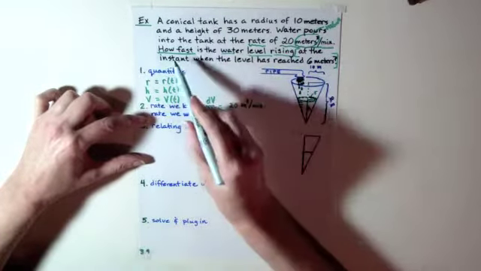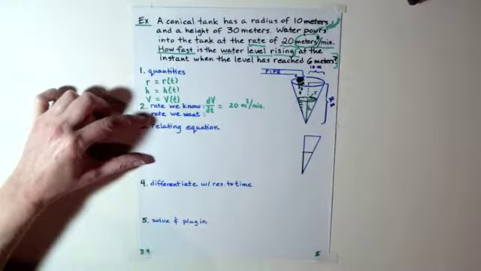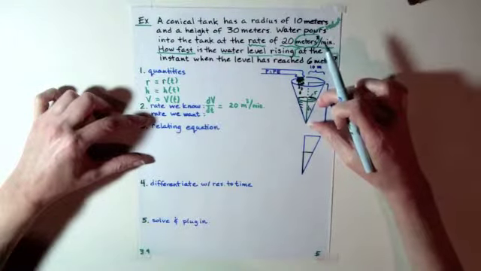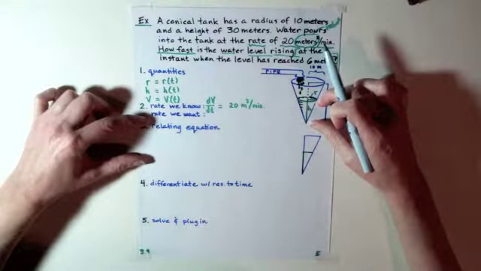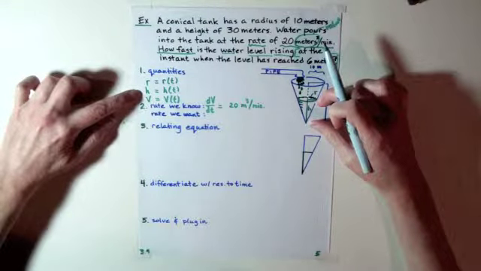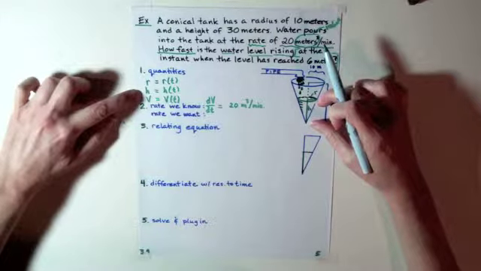But the question here is, how fast is the water level rising? Well, which of our functions measures how high the water is? That's just the height of this green cone of water. So they're really asking how fast is h changing at a certain instant in time.